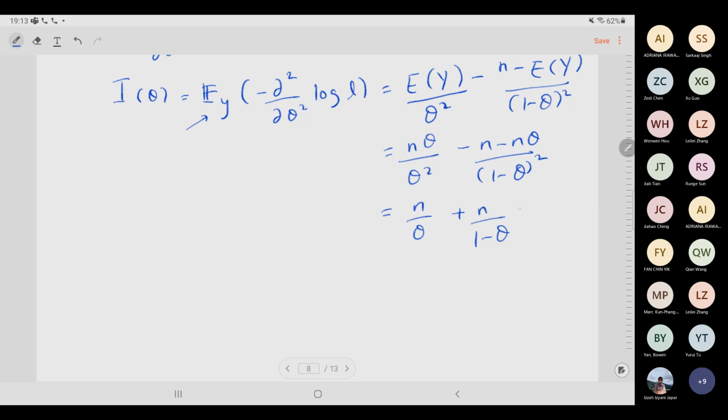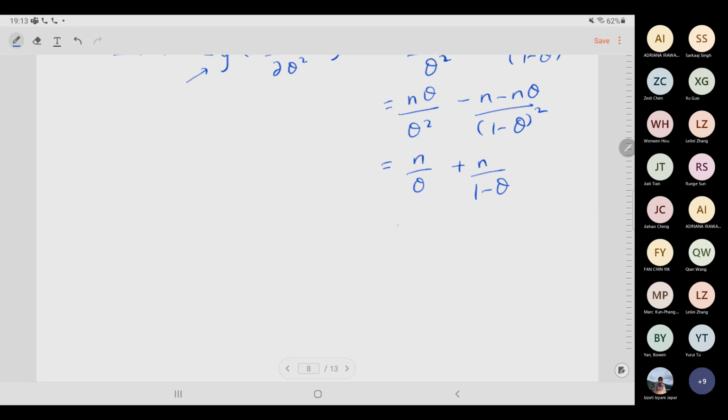Here, you can take out your n, and you can rewrite it in this way. You multiply and then you take out your n, and you can get this.